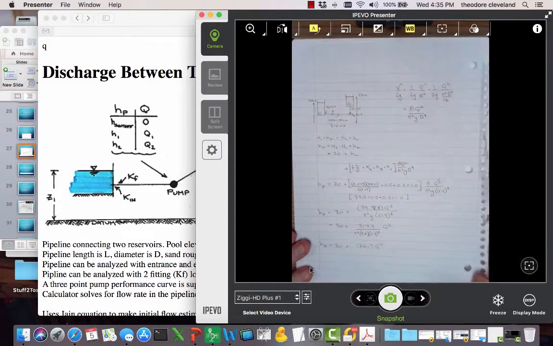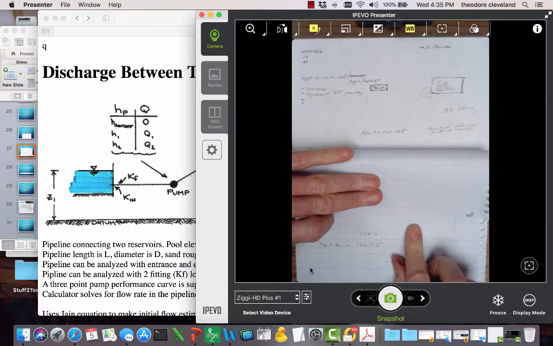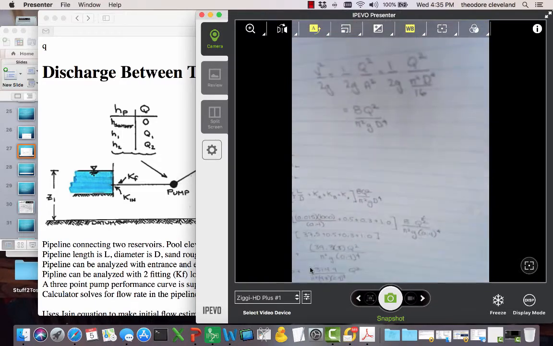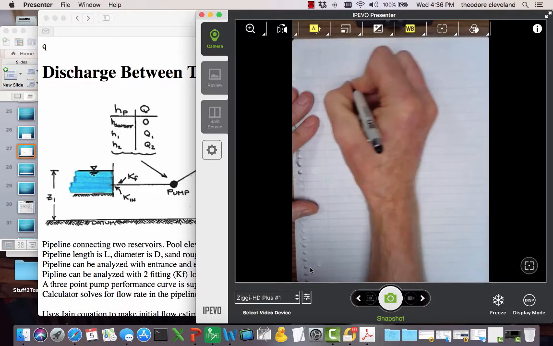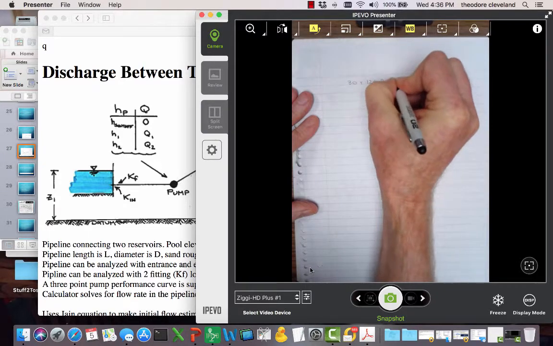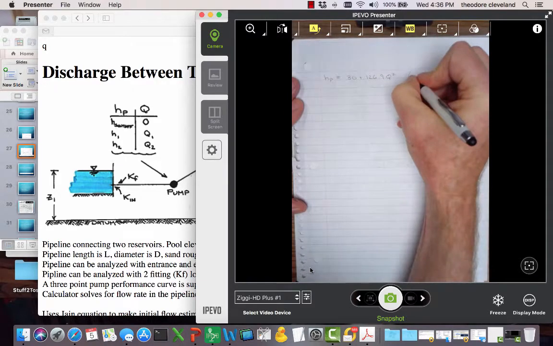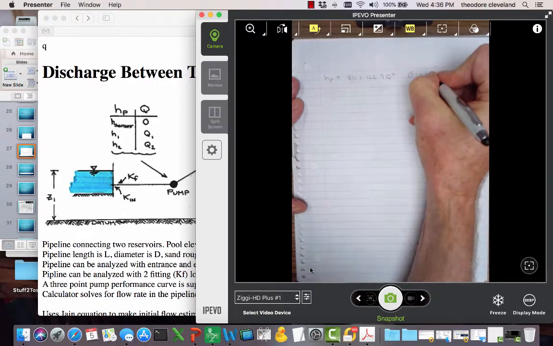So that's my required pump head: 30, 126.9. And that was for a friction factor of 0.015. That will make sense shortly.